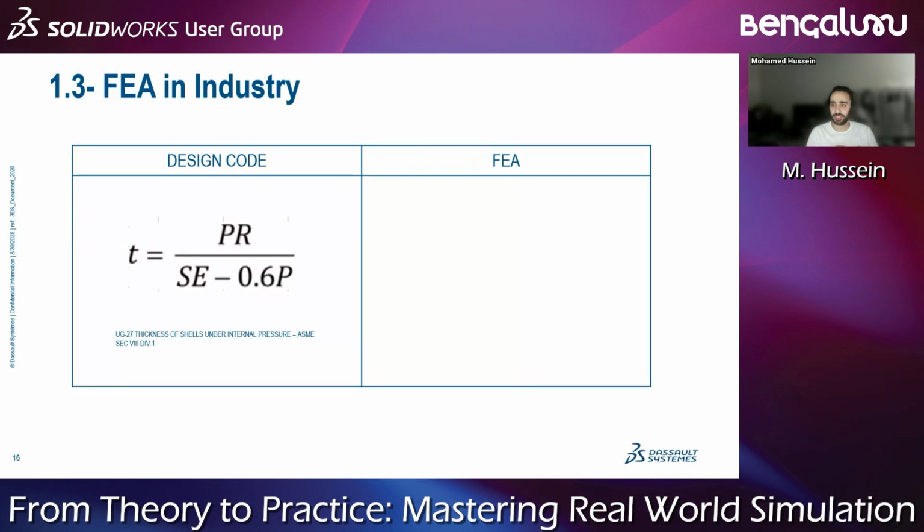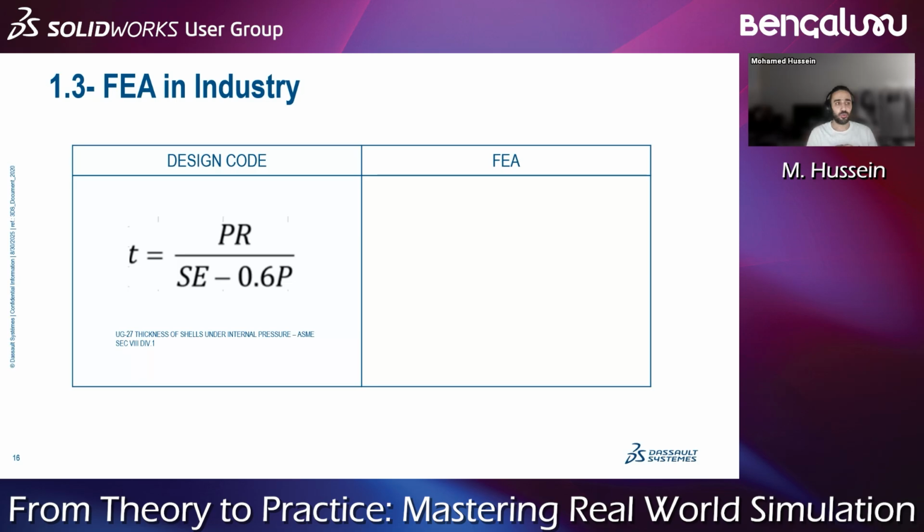For example, if I am designing a pressure vessel under, let's say, an internal pressure of 10 bar gauge, or whatever the value, I have to use this equation to get the minimum required thickness for a certain material. But what I can get is only a pass or fail. If I use 10 mm of material, it will be okay. If I use, for example, 8 mm material, it will fail.